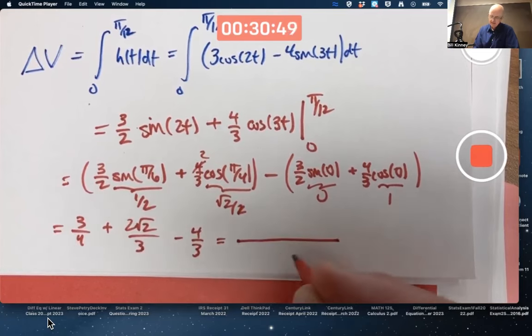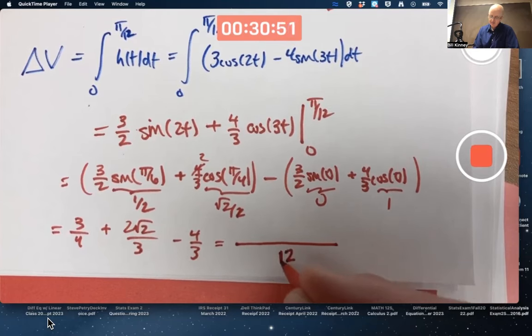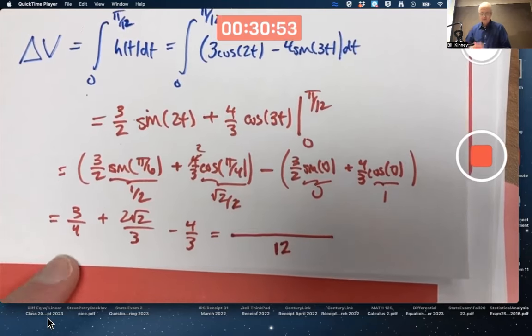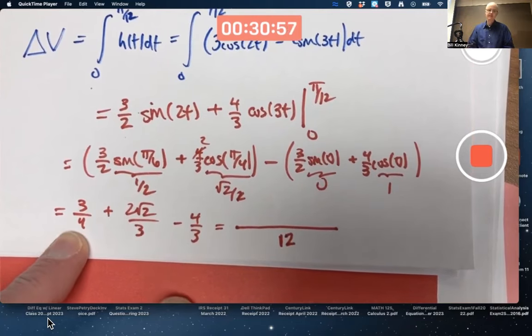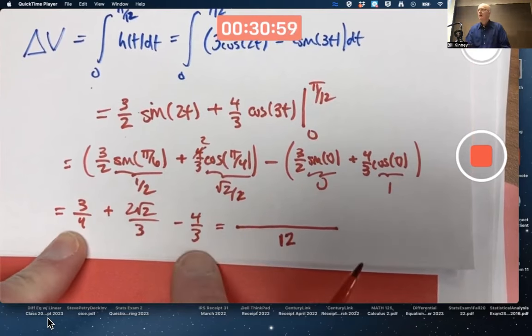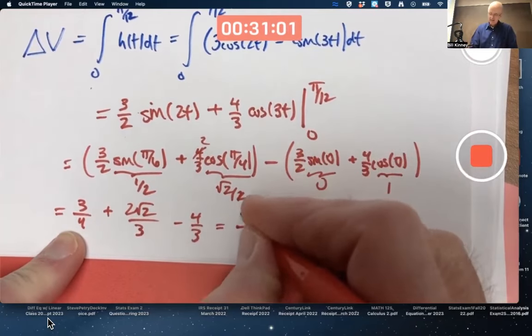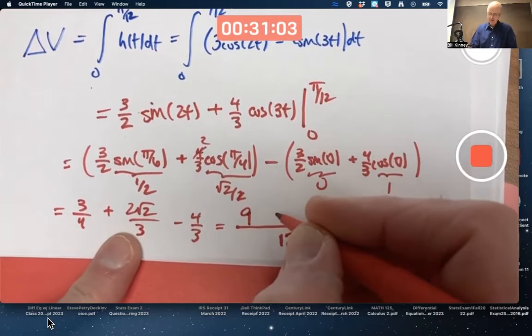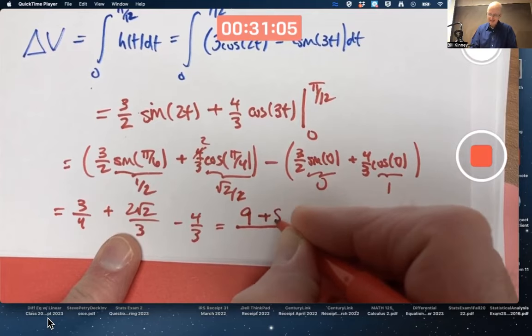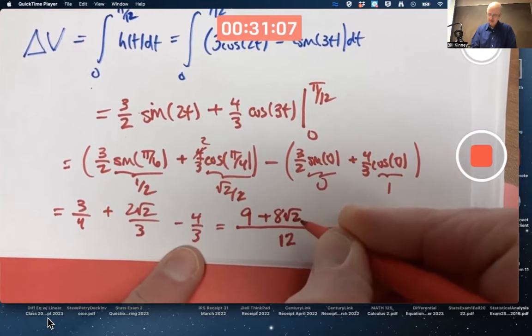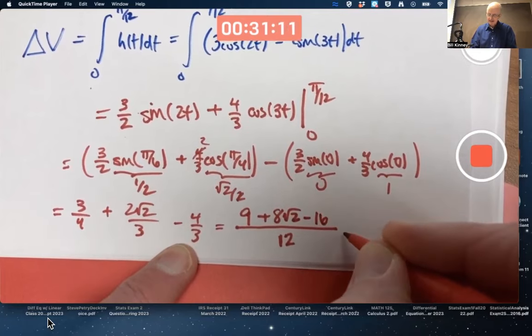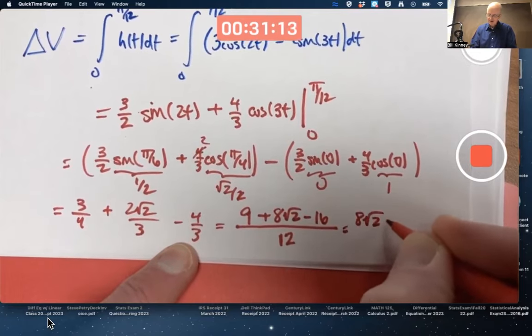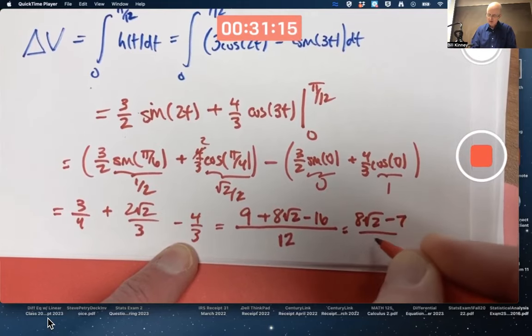Get a common denominator of 12. 3/4 is going to be the same as 9/12. Put a 9 up there. Here I have to multiply the top and the bottom by 4, so I get plus 8 root 2. Here, multiply the top and the bottom by 4, I get a minus 16. Looks like 8 root 2 minus 7 over 12.